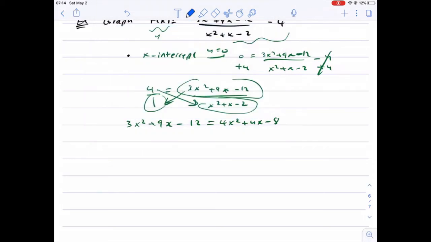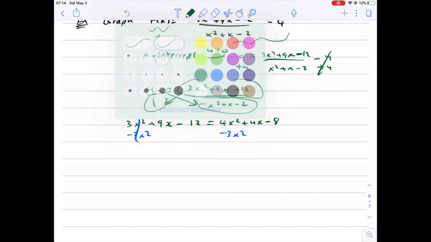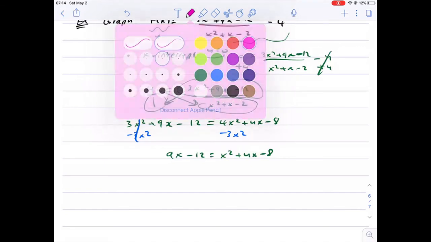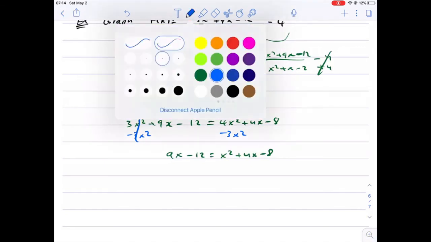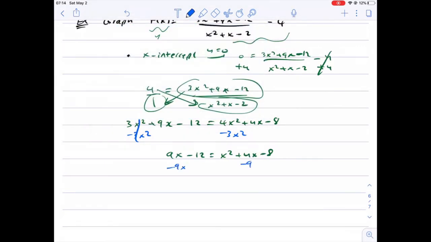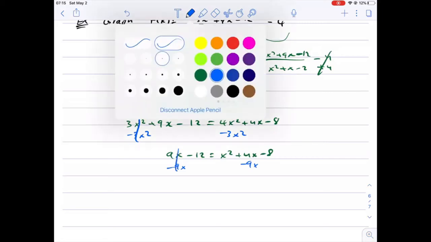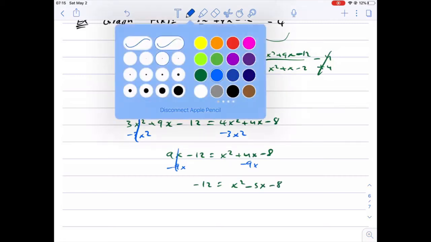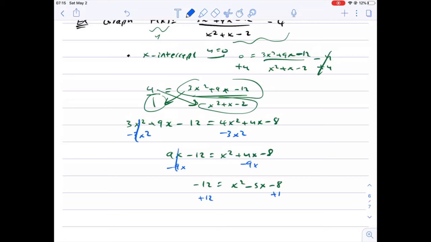So let's subtract 3x squared from both sides. We get 9x minus 12 equals x squared plus 4x minus 8. And then we subtract 9x to get negative 12 equals x squared minus 5x minus 8, and finally we add 12 to both sides.